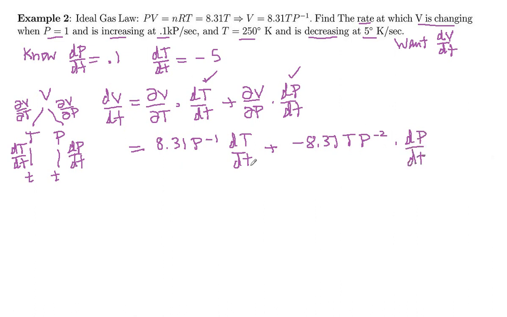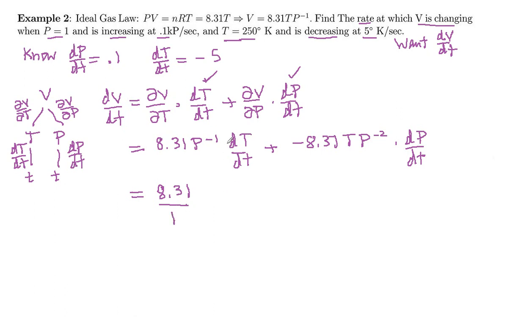So our derivatives here are written in terms of P and T. So our P value here is 1 and our T value is 250. So now we can just plug those in. So 8.31 and P to the negative 1 is dividing by P. So divide by P, that is 1.